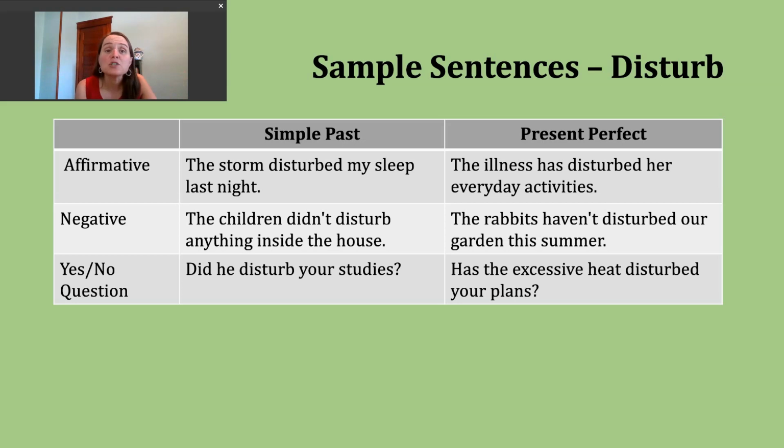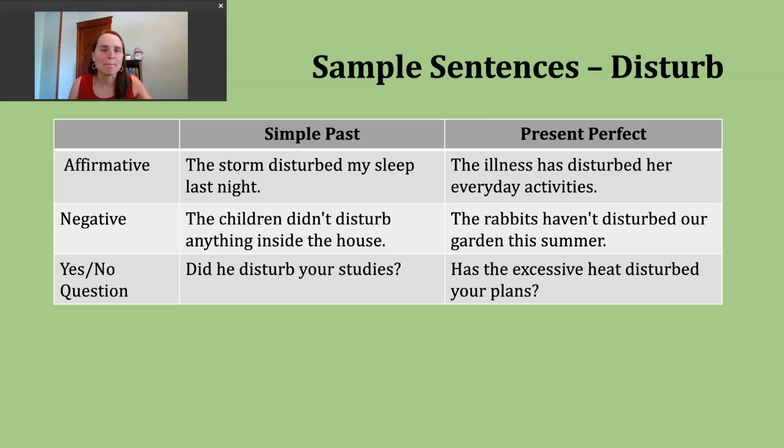Okay. Now let's talk about making negative simple past tense sentences. To do this, we start with our subject. We use did not or the contraction didn't, and then the base verb. So notice we're not using the ed form here in the negative. Let's take a look at another example sentence. The children didn't disturb anything inside the house.